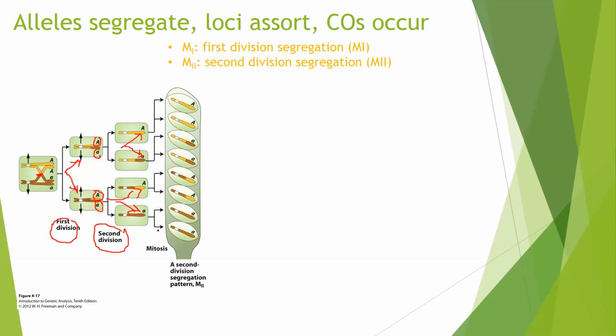Now if there's a crossing over between the centromere and the gene, then the two alleles of this gene, the big A and the small a, are going to fully separate at the second meiotic division step. Still, this centromere will not change. They came from one parent. This centromere will not change. They came from another parent.